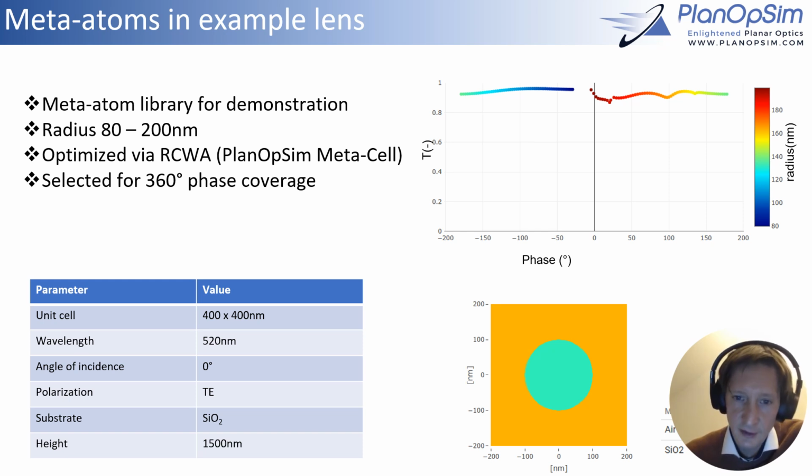And indeed, if we change the radius from 80 to 200 nanometer here, we see a gradual phase change from 50 down to 180 degrees and back up, so that we cover the entire range from minus 180 to 180 degrees. So we can, by carefully placing these structures, create any phase that we want to achieve.